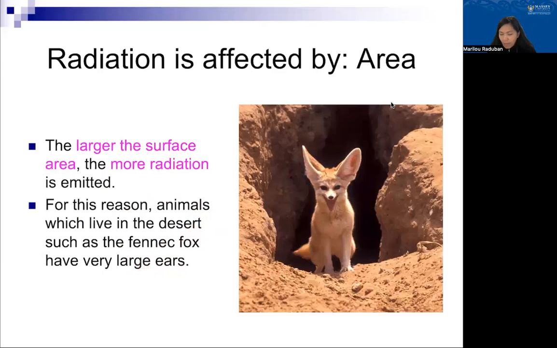The larger surface area allows the animals to lose more energy via radiation, and that helps in cooling down their bodies and prevents overheating, especially during very hot weather. Okay, so very large surface areas contribute to larger heat loss via radiation.